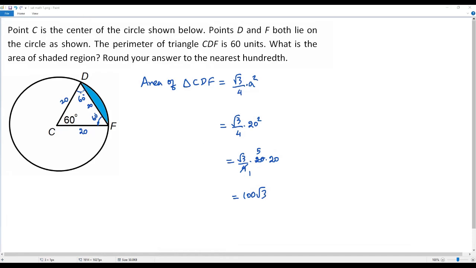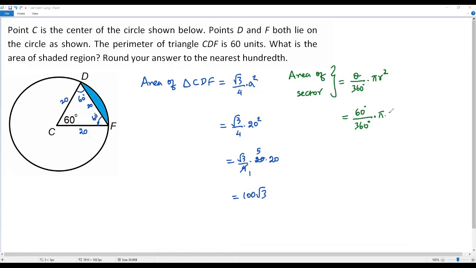Now let's get the area of the sector. There is a formula to get the area of a sector. Area of sector equals theta divided by 360 degrees times the area of the circle, that is pi r squared. Here theta is the central angle of the sector. The central angle of the sector is 60 degrees. Let me plug in 60 degrees for theta, divided by 360 degrees, times pi times r squared, where r represents the radius, and the radius of the circle is 20.